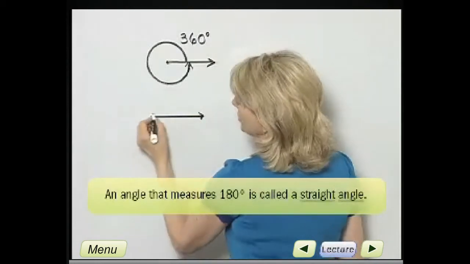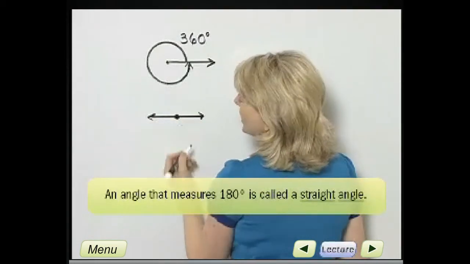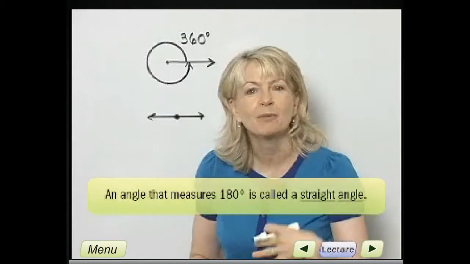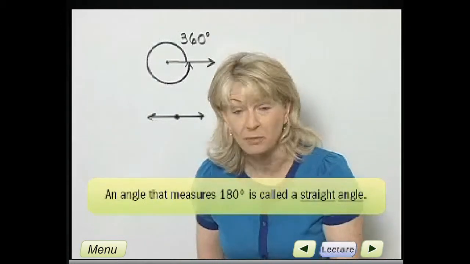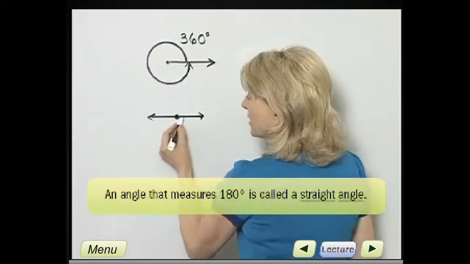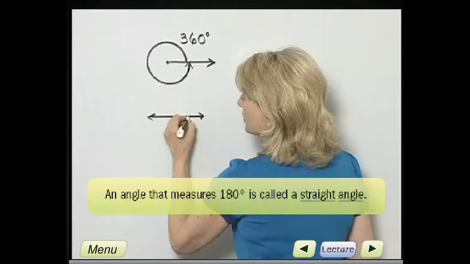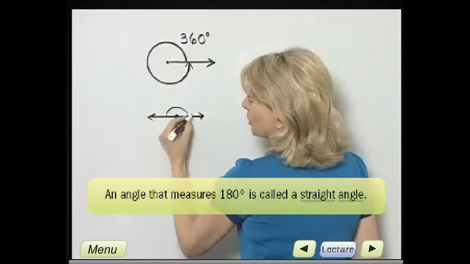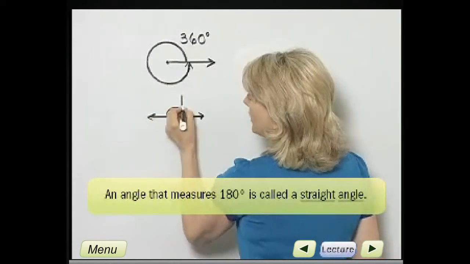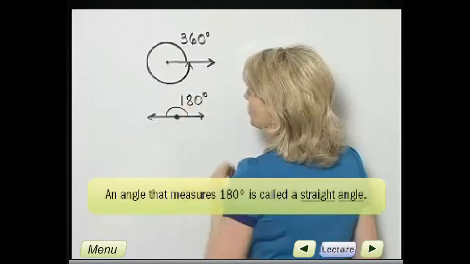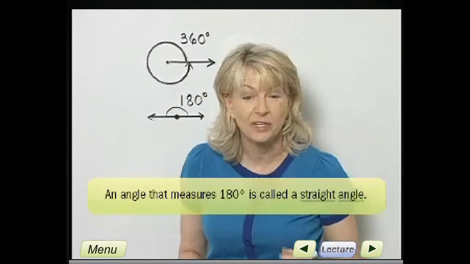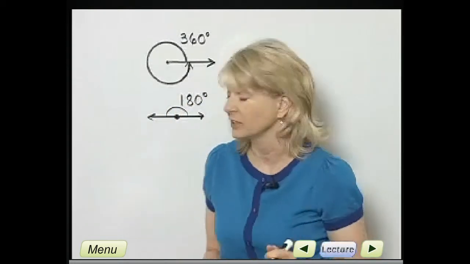Now, you may be thinking to yourself, well, I thought you told me this was a line a moment ago, but right now we're talking about an angle formed by these two rays. So I'll mark that so you can know we're talking about this angle formed, and this has a measure of 180 degrees, half of a full revolution.